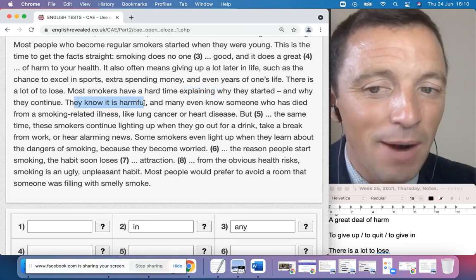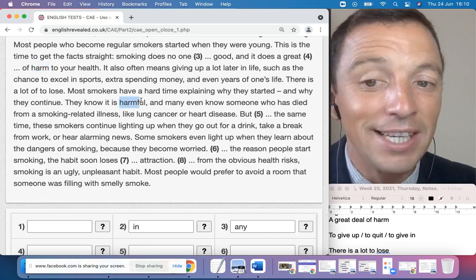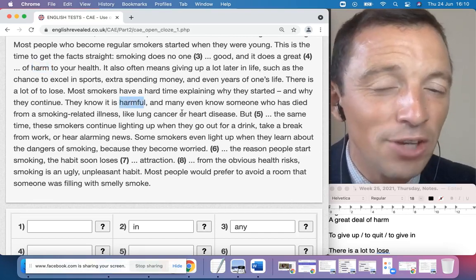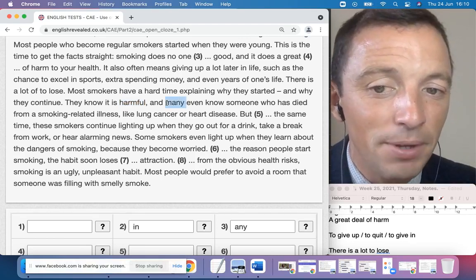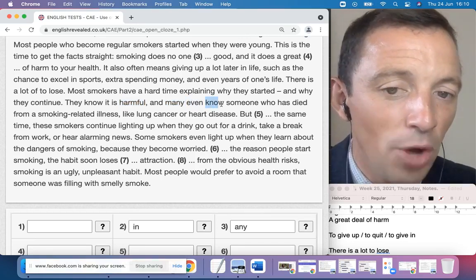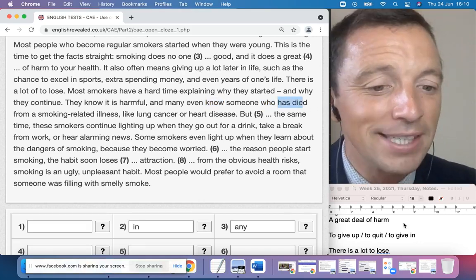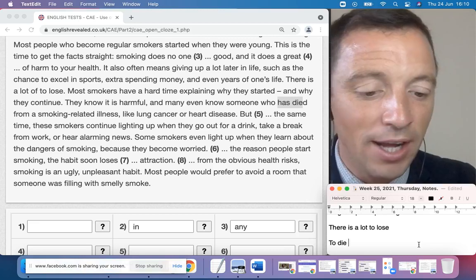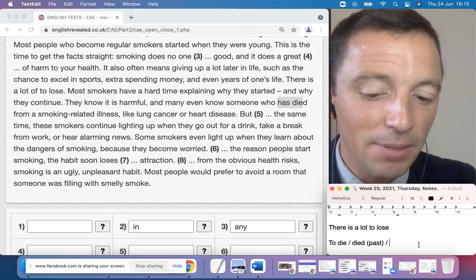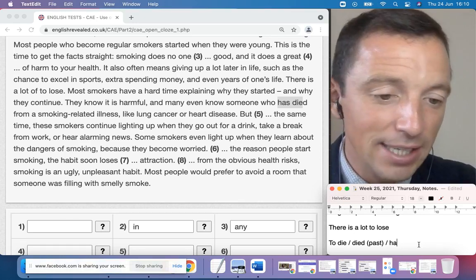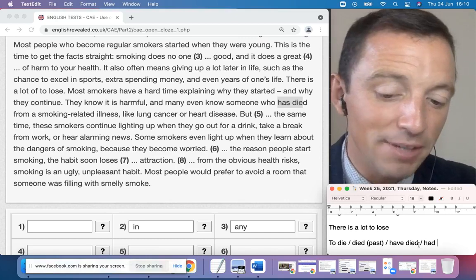They know it is harmful. So harm is the noun and harmful is the adjective. So they know it is dangerous, they know it is damaging, they know it is harmful. And many people, even, know someone who has died, the present perfect, because remember the verb is to die, the past is died, the present perfect is has died, and the past perfect is had died.